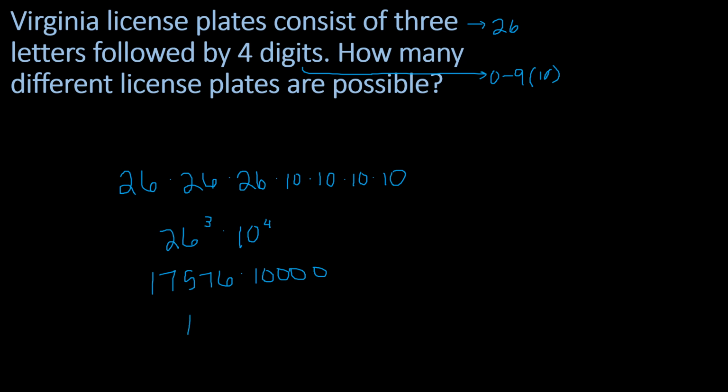We're going to get 175,760,000. So there are 175,760,000 possible license plates.